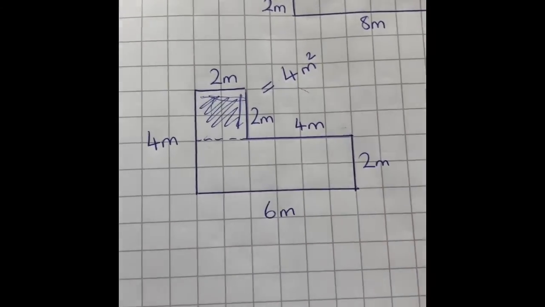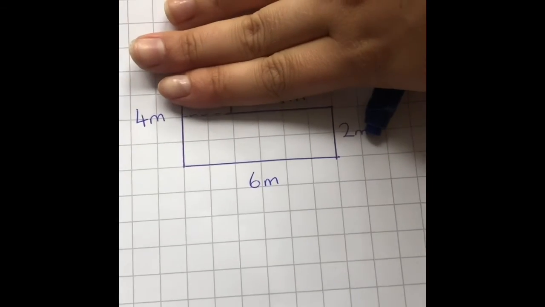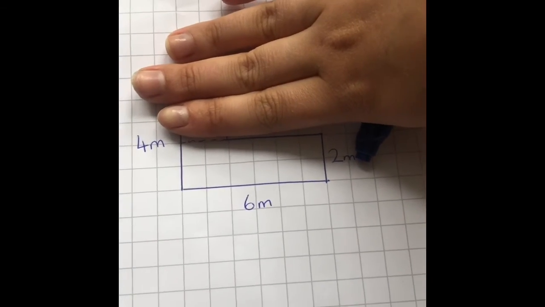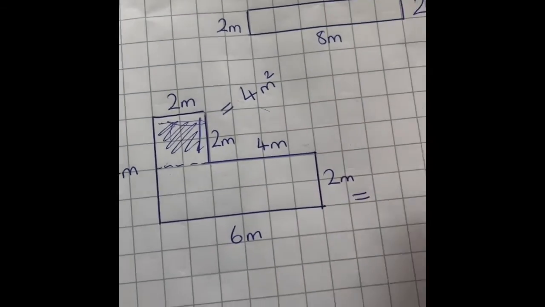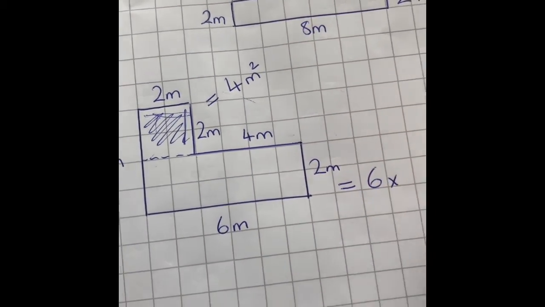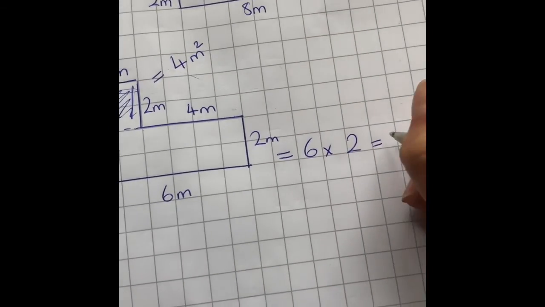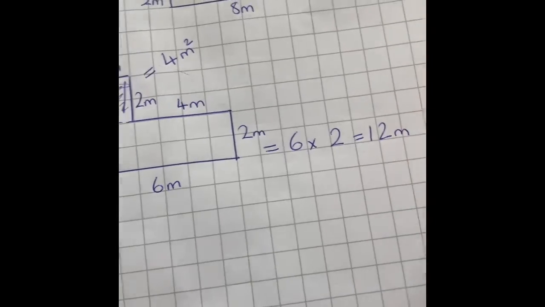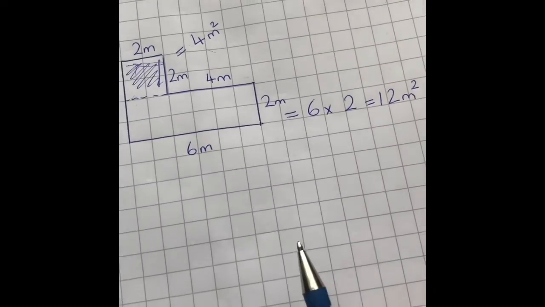Then we are looking at this rectangle down here. So we're now ignoring this bit up here. And what do we see? 6 times 2. So this section is going to be 6 times 2, which will be 12 metres, and its area, so it's squared.